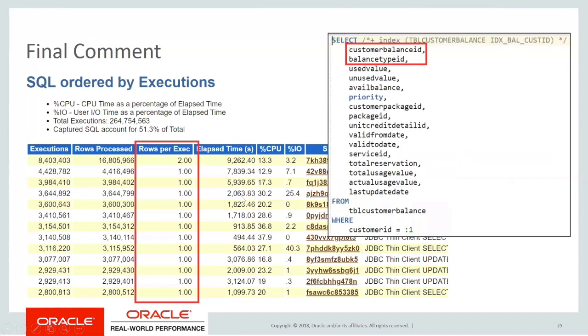Well, I looked at this SQL statement, and I think it's legit in this case, because it's selecting from a customer balance table using a customer ID predicate, and it's selecting a balance ID and a balance type. So very likely for each customer there are 2 balance records in this table. So it's probably legit that we have a 2 there instead of all the ones that we see for all the other SQL statements.